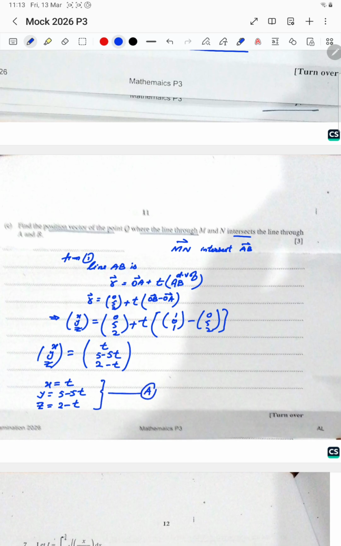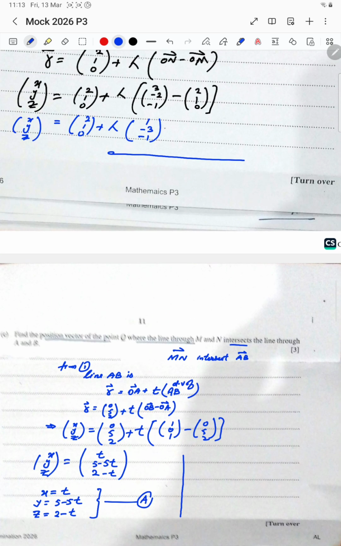Similarly, in the second part we have already calculated the line MN from part B. I can write it in parametric form.